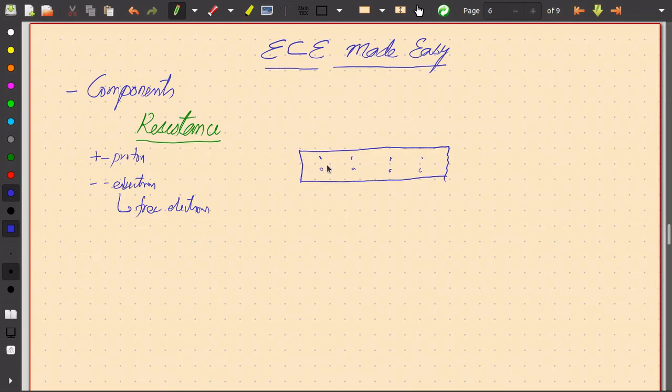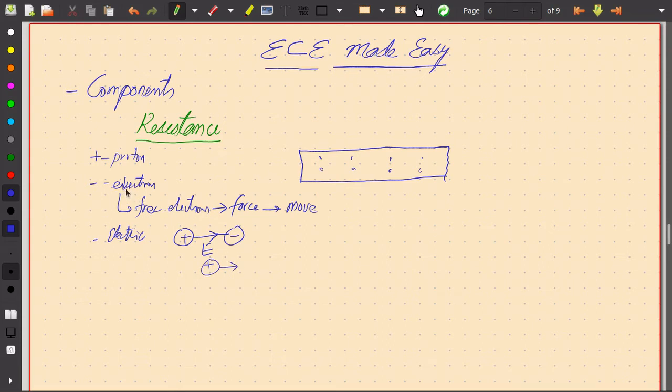Under this bounded region, it can move anywhere, and under the influence of electric field, a field that exists between a positive charge and a negative charge, the free electrons experience a force, and this force will make the electrons to move in the direction opposite of the direction of the electric field, because the direction of the electric field is defined as if a positive charge is moving.